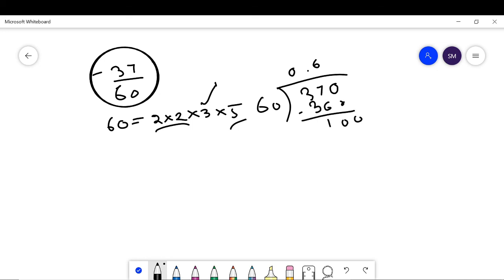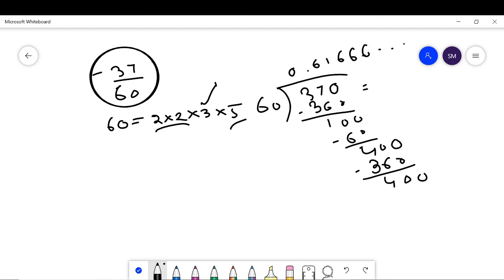Then 10, 0, 1, 60. 40, 0, 6 times 360. 4, 0, then next. Then this will repeat again and again. Then what is the decimal representation of minus 37 upon 60? This gives you minus 0.61666666 like this. This gives us a non-terminating decimal number.